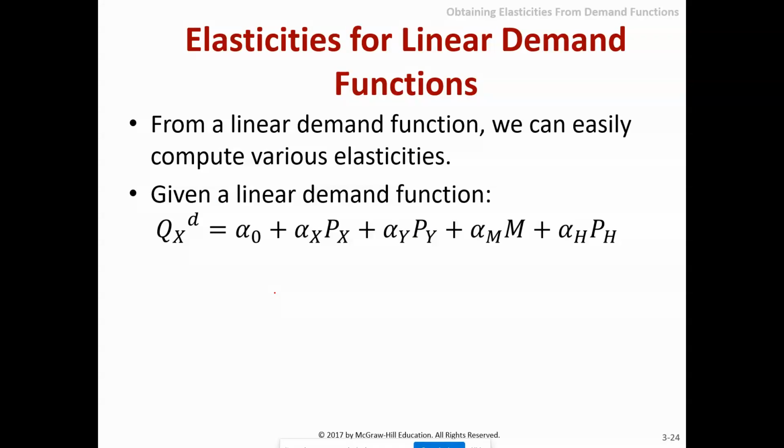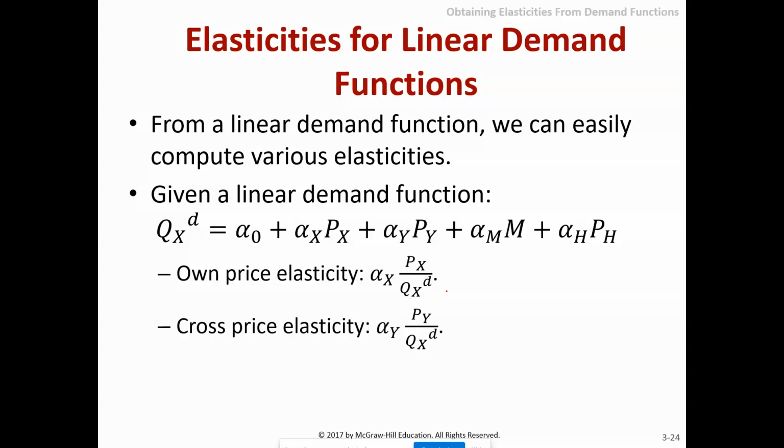Given a linear demand function we learned before, the own price elasticity is linear. So the first part is taking the derivative of quantity with respect to the variable of interest. It is simply the coefficient, the slope, multiplied by the corresponding price and corresponding quantity.